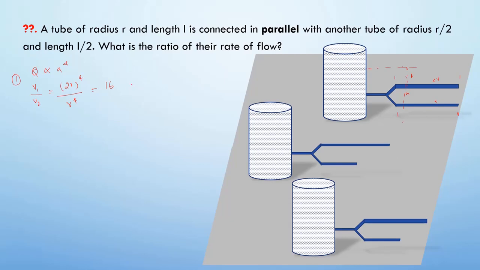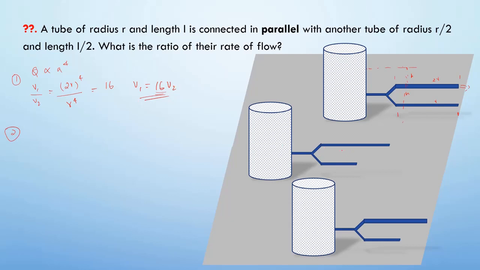So, the flow through V1 will be 16 times greater than that of V2 when we have just doubled its radius. Let's do the next.